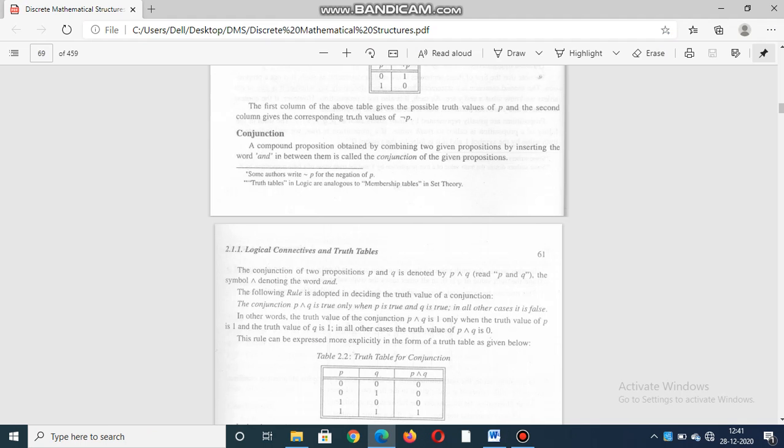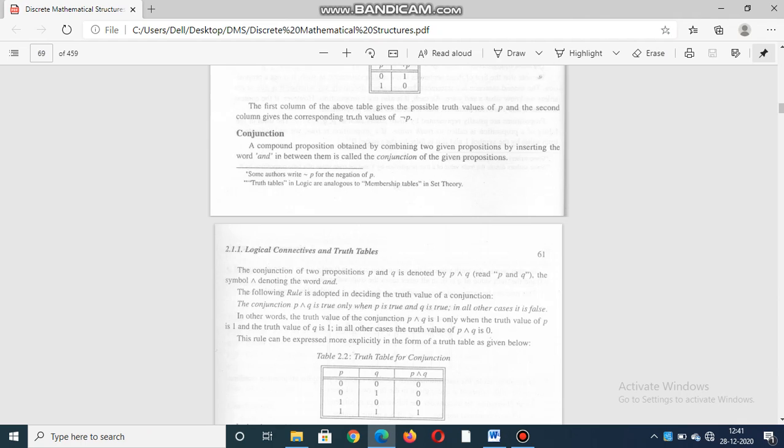Fine, this is conjunction. Conjunction we also call AND, in the sense both should be positive, then only output is positive. All remaining times it is negative.